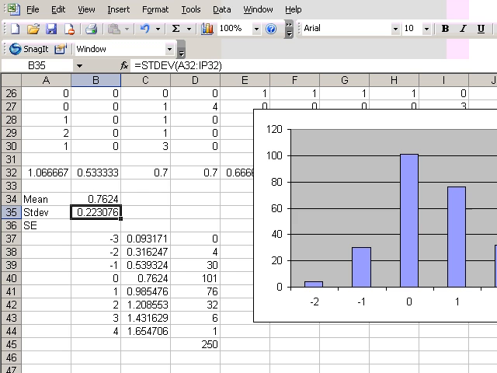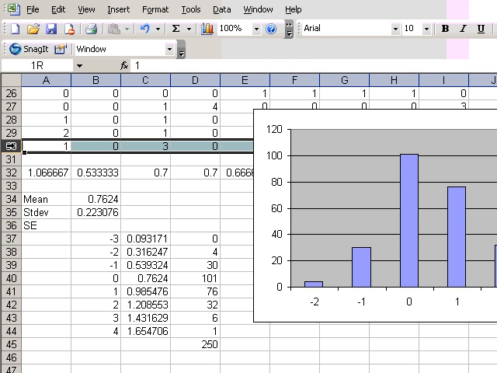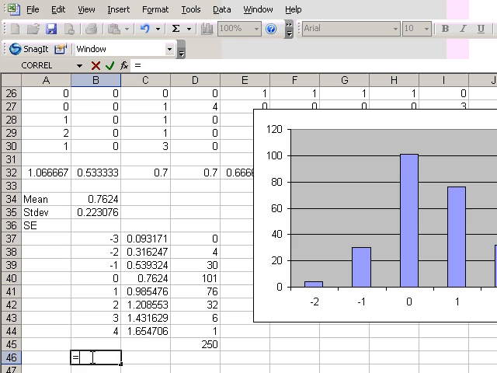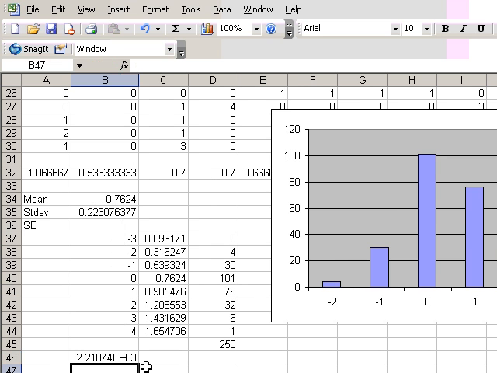It's because when we took 250 samples of size 30, we only got a small proportion of all possible samples of size 30 that we could take from these data. The actual number of samples would be equal to 600 raised to the 30th power if we were sampling with replacement, which we are.